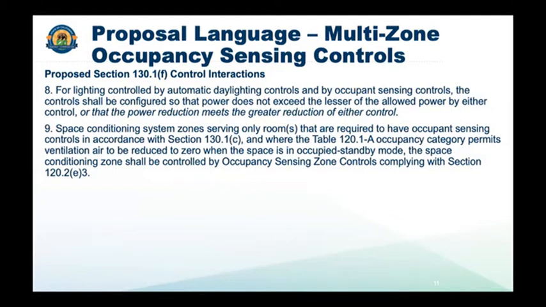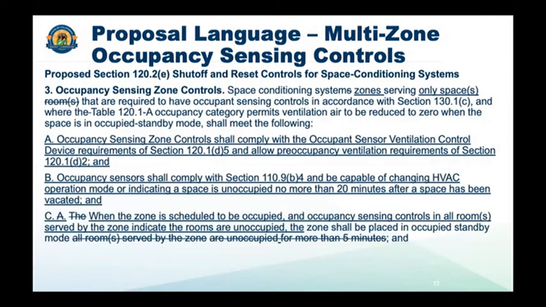And that section 120.2E3 is occupancy sensing zone controls for space conditioning system. The following 2 slides will show the language in section 120.2E3. So this is one of the slides for that section, 120.2E3.